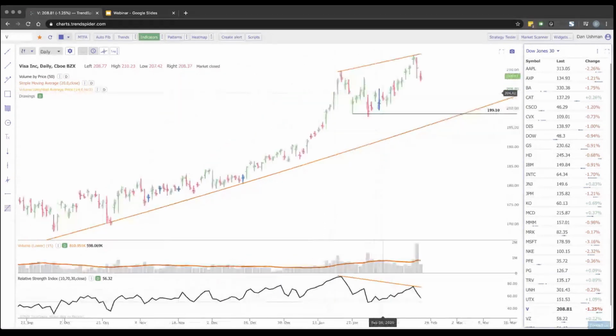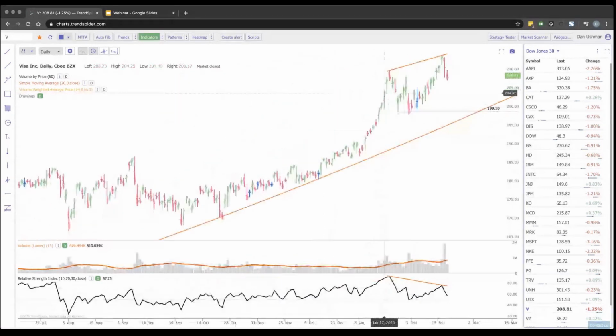Just using something simple like this, you can get a rough idea as to whether you want to play the upside or the downside, and then use a tool like Market Chameleon to help pick the right options contracts and the right combination of options to play in order to get the best probability of success.